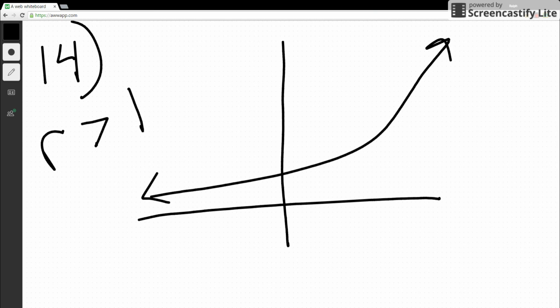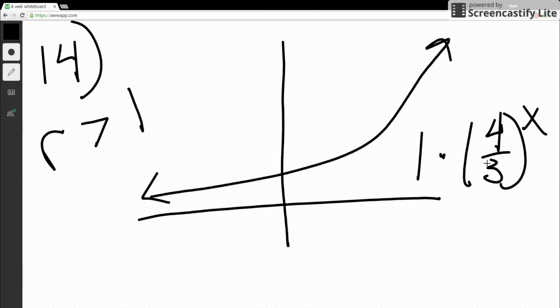Okay. So I'll show you an example. So I look at that first one, A, it says 1 times 4 over 3 to the x. So if the value with the x, with the exponential part, is bigger than 1, so 4 over 3 is bigger than 1, it could model this relationship. So the answer is A.